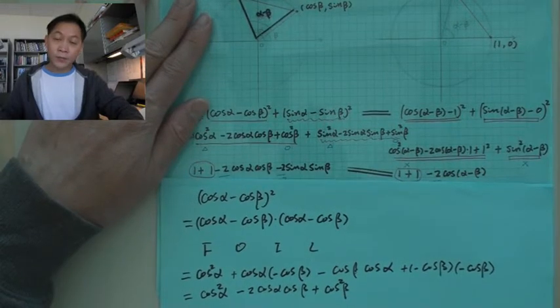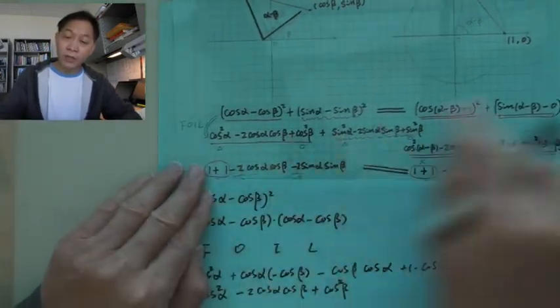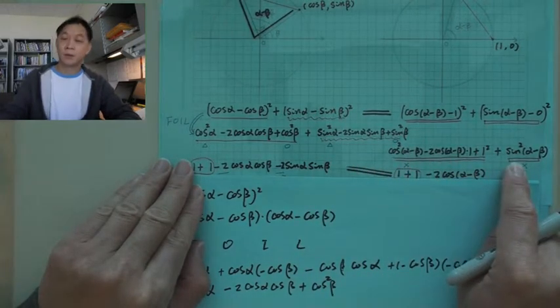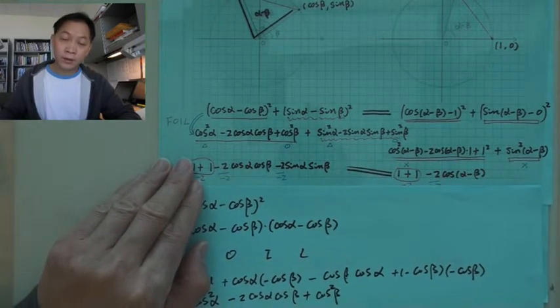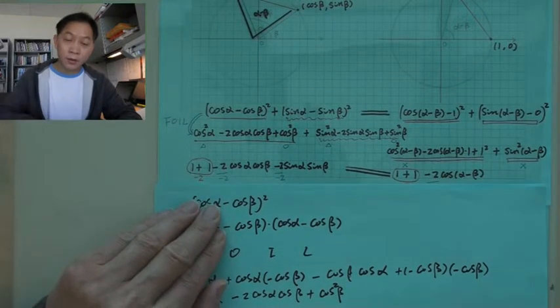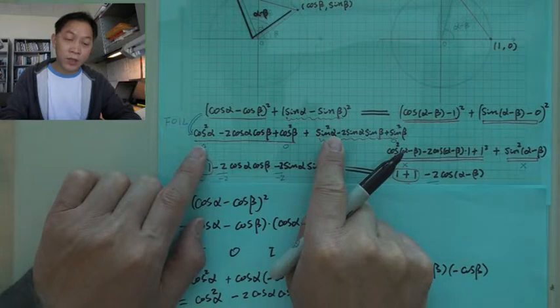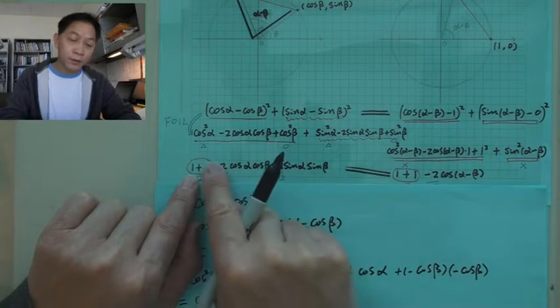Now, they're equal. The left hand side equals the right hand side. Okay. Now, look. Sine alpha squared plus cosine alpha squared is 1.